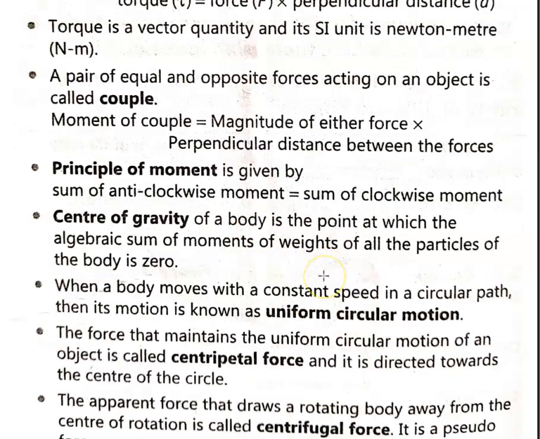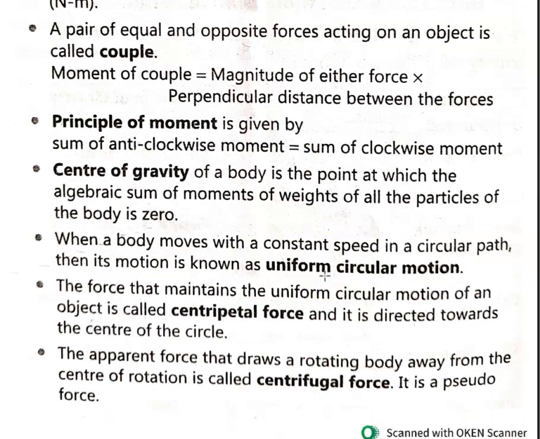Next, we come to center of gravity. Center of gravity is generally known as the balancing point of the object. The definition says that the center of gravity of a body is a point about which the algebraic sum of moments of weights of all the particles of the body is zero.